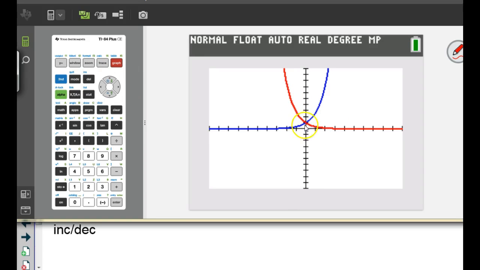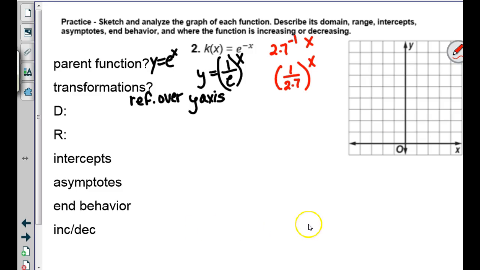What are staying the same? Y-intercept, domain, range, asymptote, okay? All those things are staying the same. So it still goes through 0, 1. At negative 1, it would be at e, which your calculator is going to tell you is 2.7, whatever.